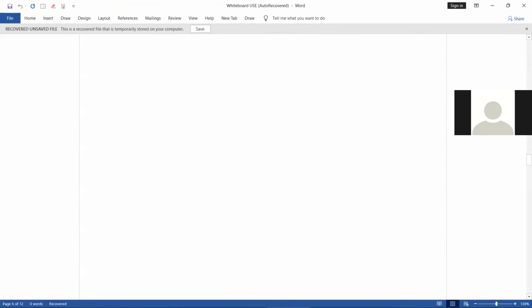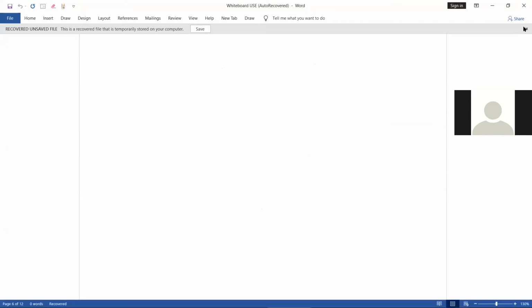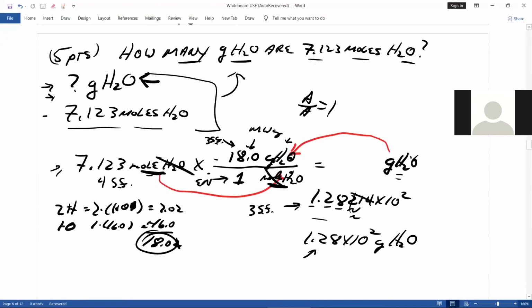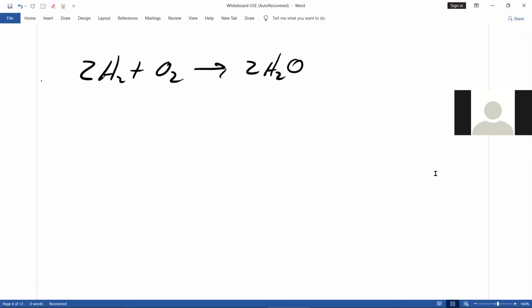All right, let's look at the following balanced chemical equation. And let me make this a little larger. All right, thumbs up, people. Everybody see 2 H2 plus O2 going to 2 H2O?